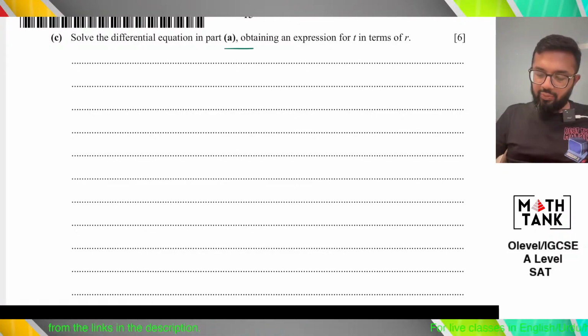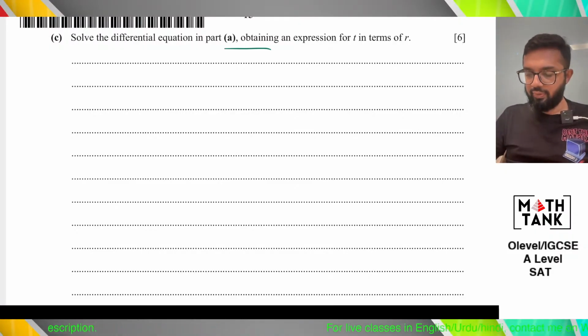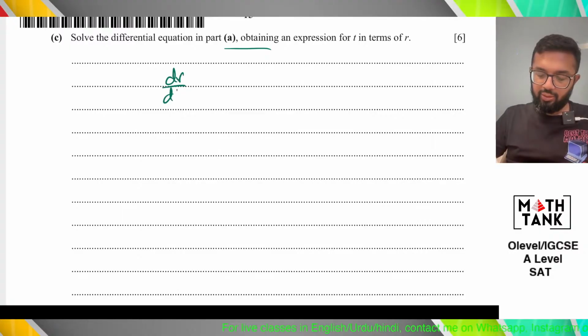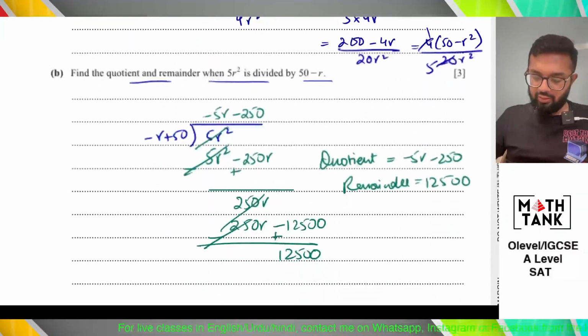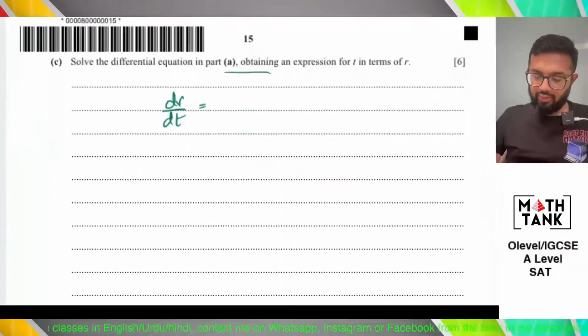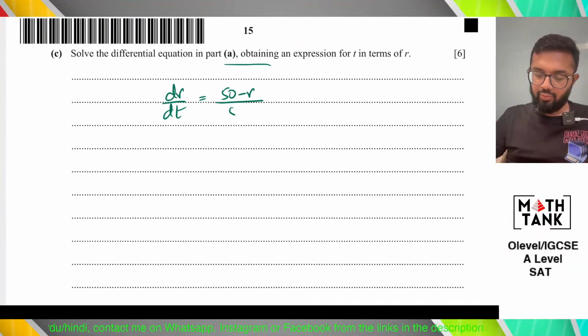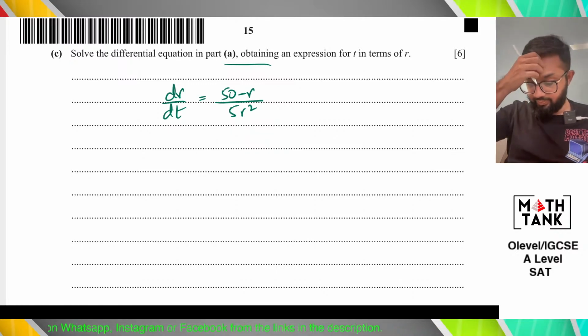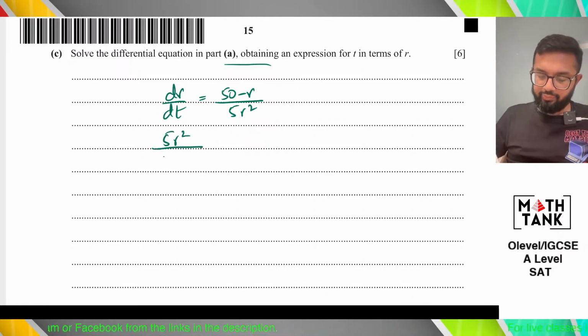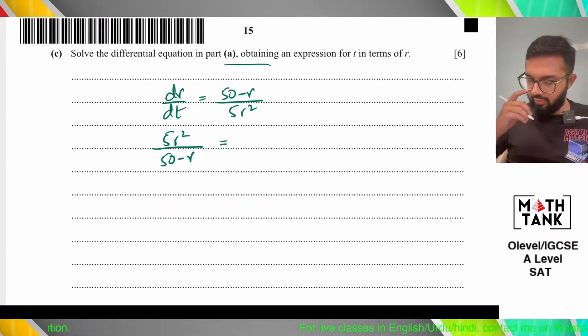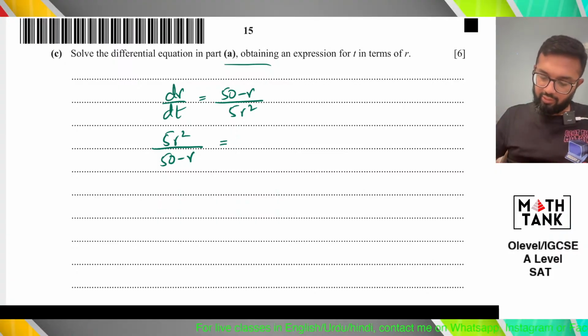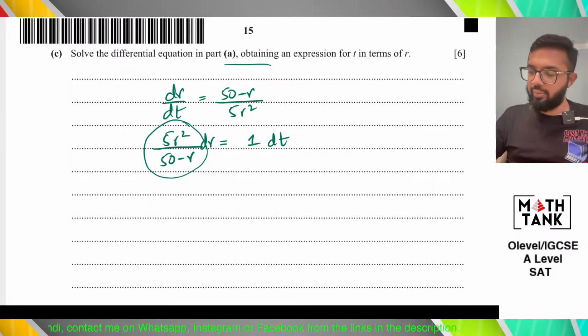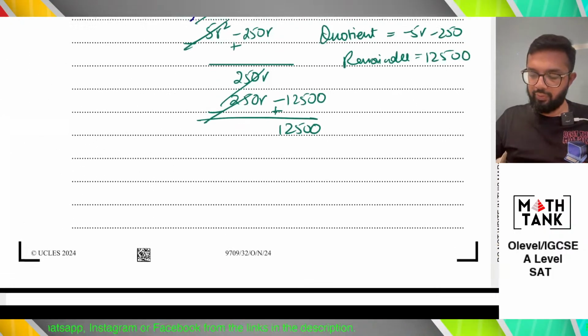Okay, solve the differential equation in part A, obtaining an expression for t in terms of r. So I had dr over dt, that looks like this, 50 minus r over 5r squared. I have to move that here, dr. Okay, since they've asked you to do long division in this, you've already done this.